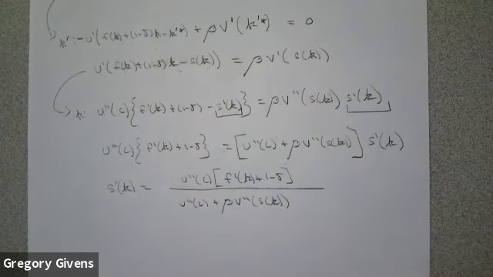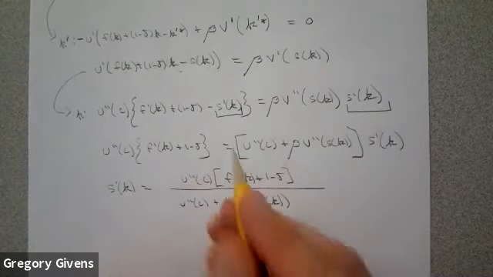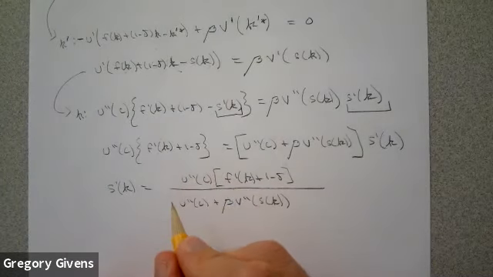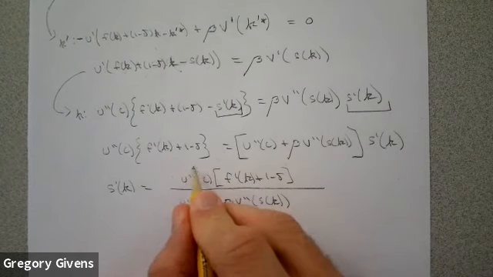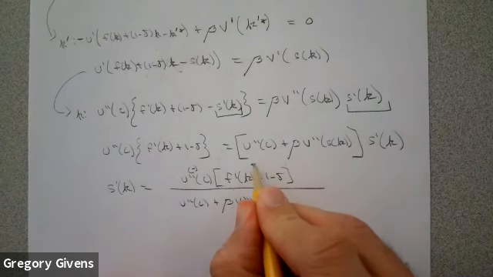Now, all we need to show is that S is non-decreasing. Is there enough there to demonstrate that? Well, what is the sign of U double prime? Is it positive or negative? Negative. Utility function is strictly concave. What's the sign of f prime plus 1 minus delta? Positive.